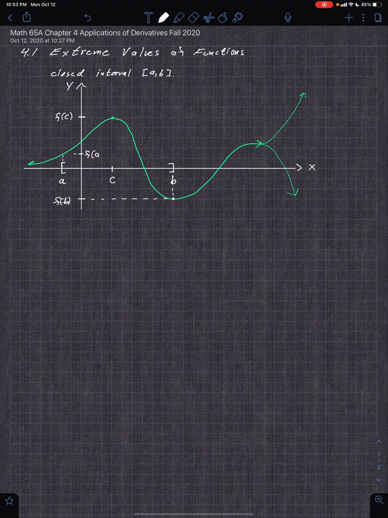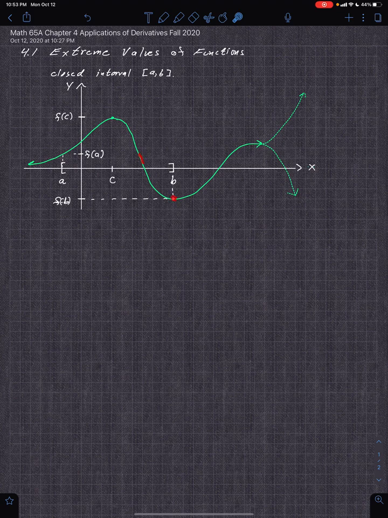So looking at this on that closed interval, how could you interpret it? This left endpoint, what does f of a tell us? Is f of a anything special? And no, it's not.